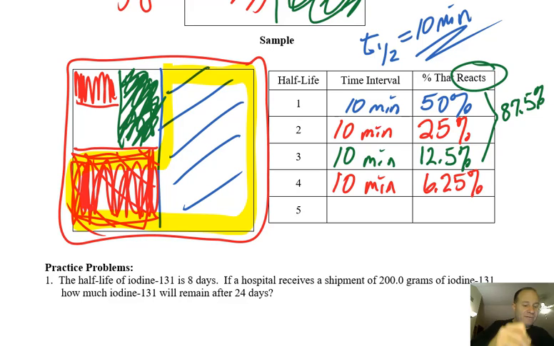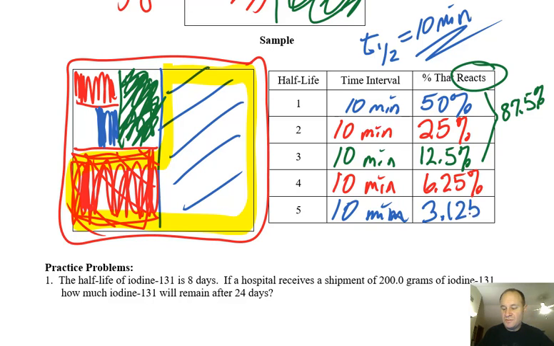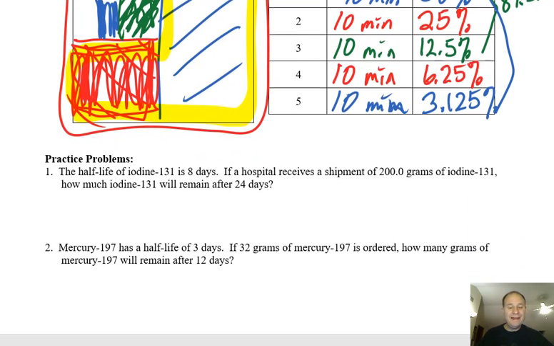Then another half-life comes along, we cut it in half again. That took 10 minutes. It's a constant 10-minute cycle. Now 3.125% has reacted. We could continue on and on. After 5 half-lives, we could add all those numbers up and see how much has reacted, or how much is still left over.